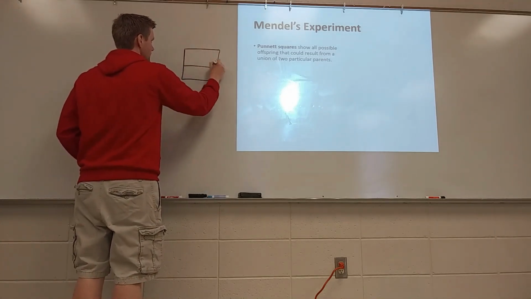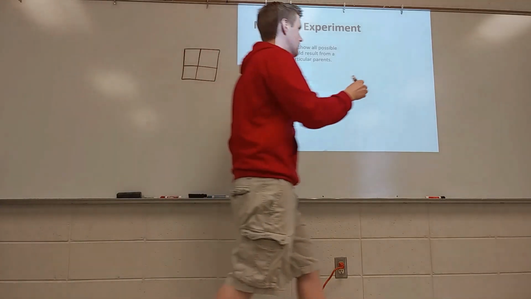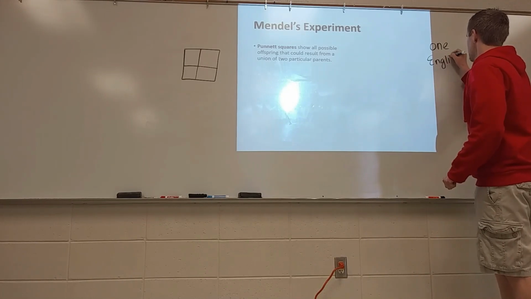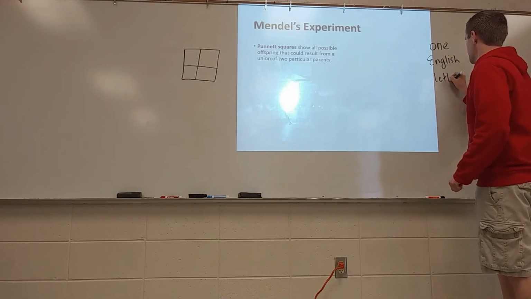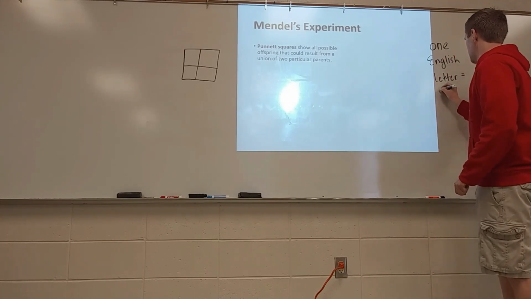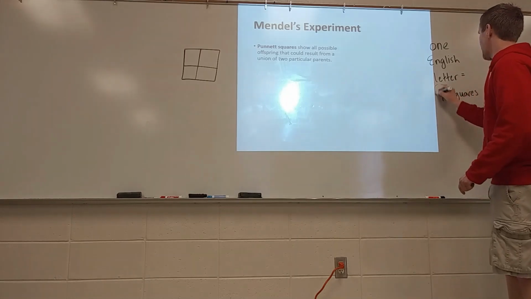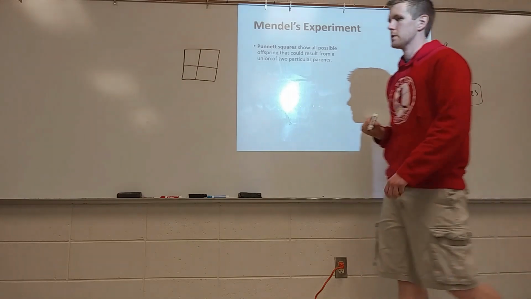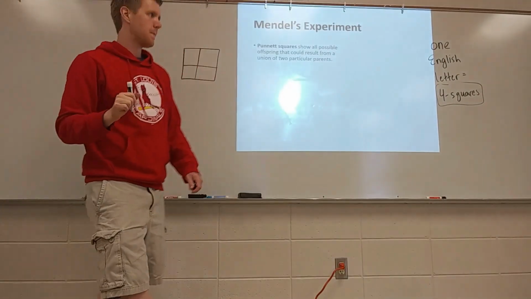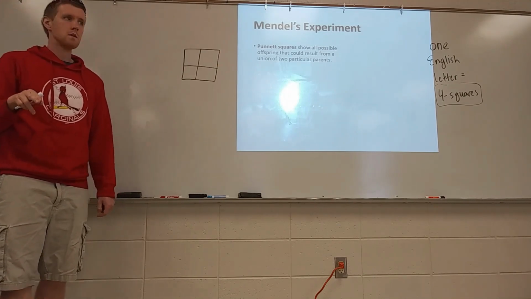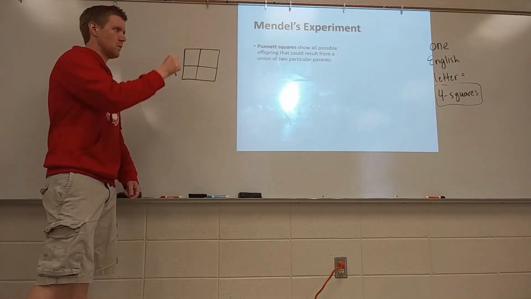So, rule number 1, I want you to remember this. If there's one English letter, then the Punnett square is going to have 4 total squares, 4 possible offspring. All right? If there's 2 English letters, it gets a little more fuzzy. So we'll get to that later.